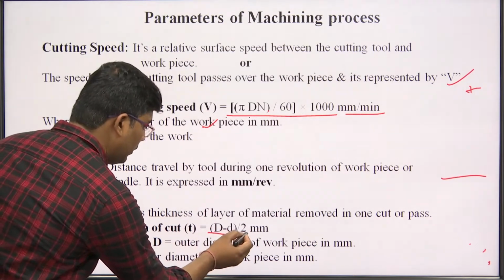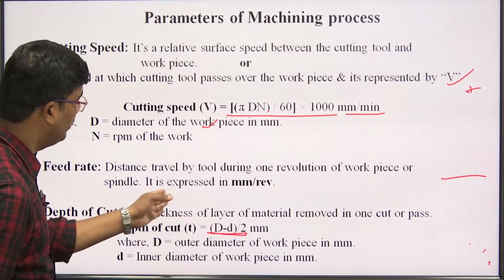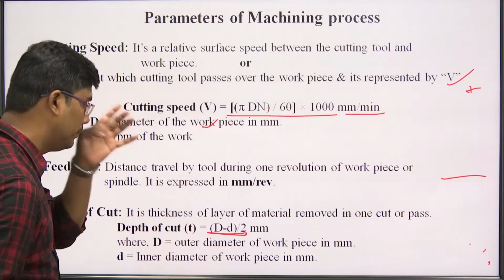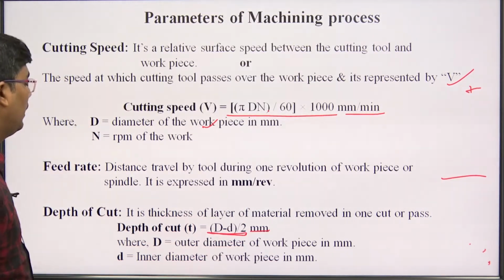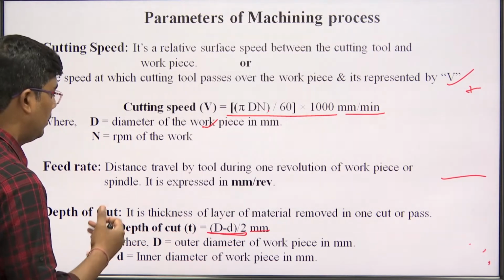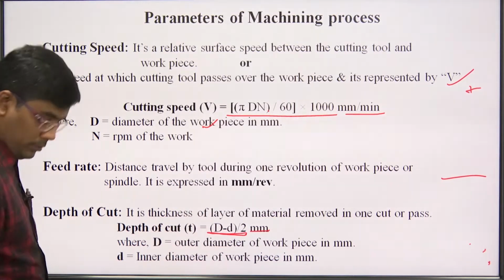That thickness is obtained by the difference between initial minus final, divided by 2. Its unit is mm. So depth of cut can be found out as (D minus small d) by 2, in mm.